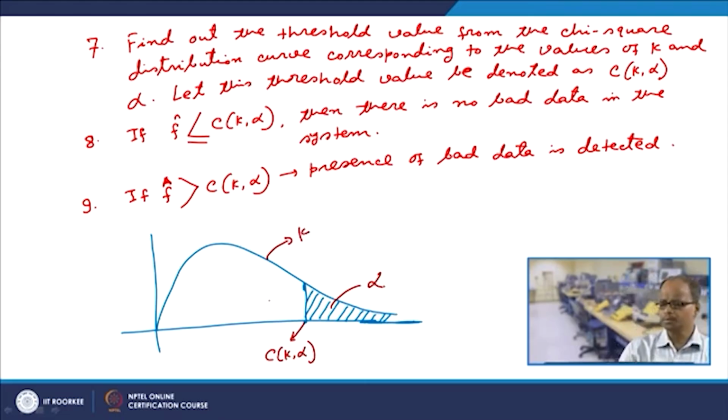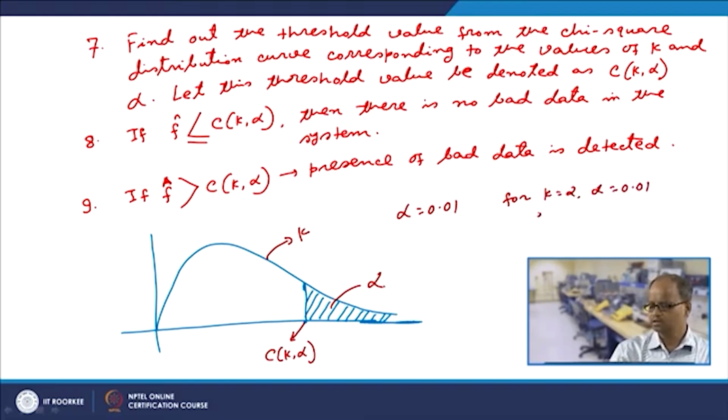So, what does it mean? Suppose alpha is equal to 0.01. In our table, for k equal to 2 and alpha equal to 0.01, C k alpha is equal to 9.21, as we saw in the last lecture. It means that the calculated value of f hat has only a 1% chance of being more than 9.21.